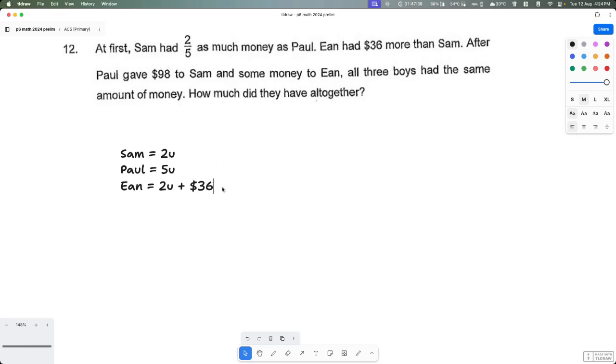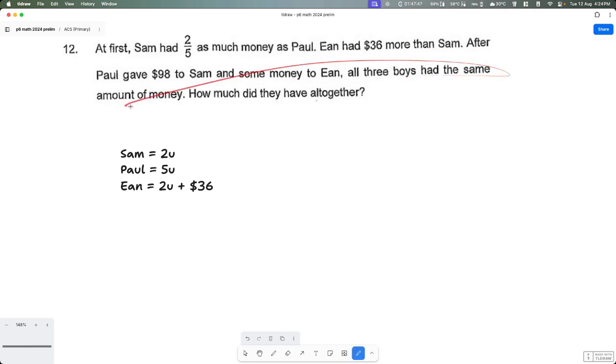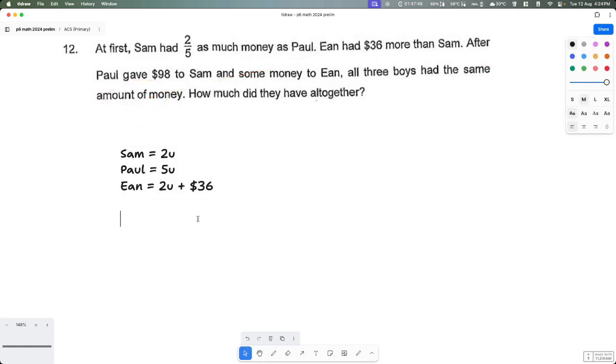Now we know that after Paul gave $98 and some money to Ian, all three boys had the same amount of money. So what this means is that each boy gets equally. First, we get a total. The total is equal to 2 units plus 5 units plus 2 units plus 36.